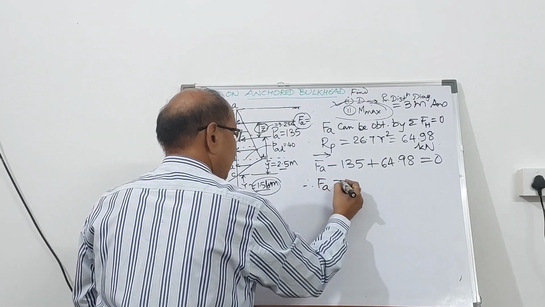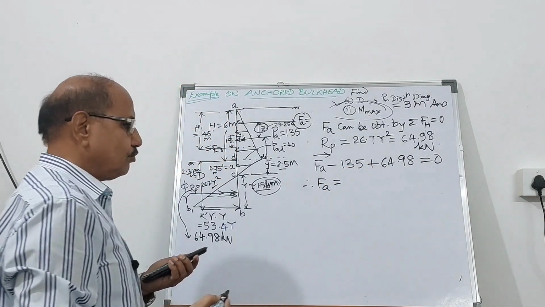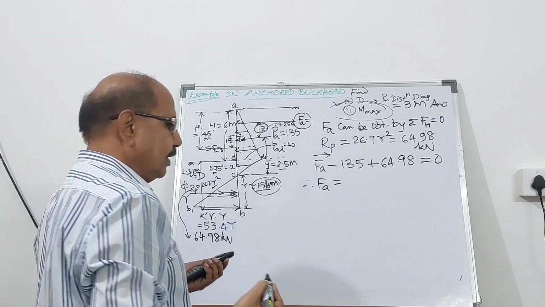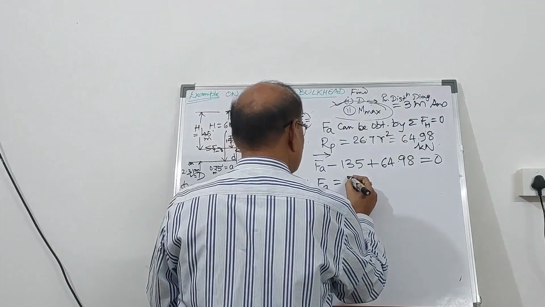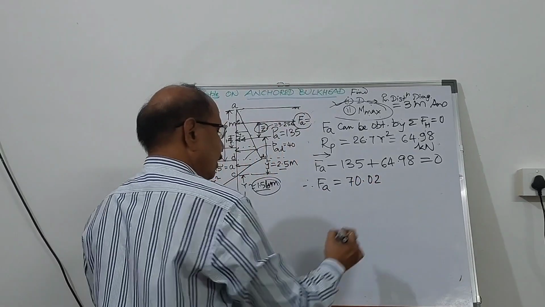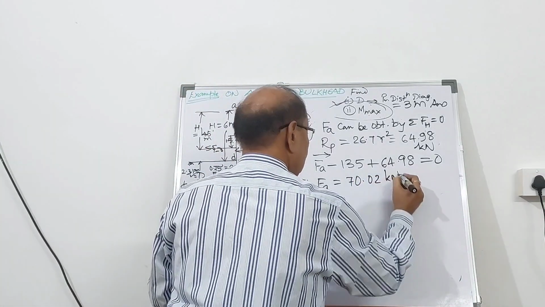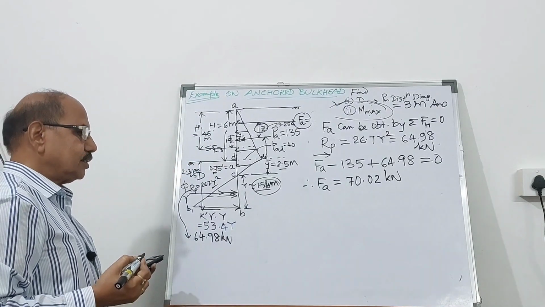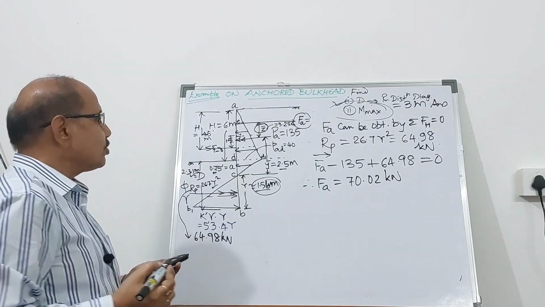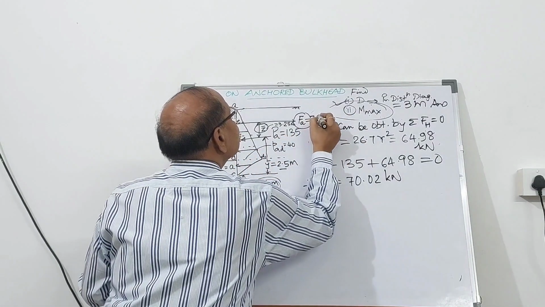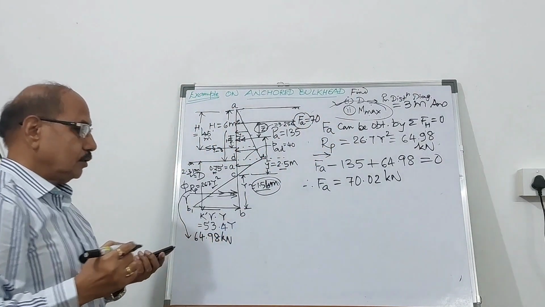Therefore, FA equals 135 minus 64.98, and that comes out to be 70.02 kilonewton. So friends, you have got the value of FA also. So FA is approximately 70 kilonewton.